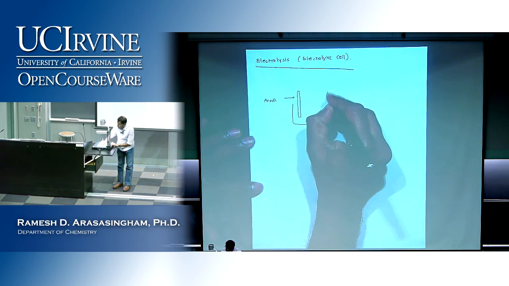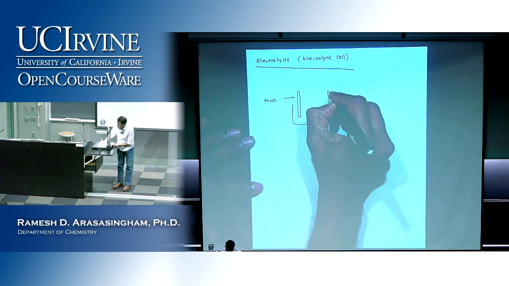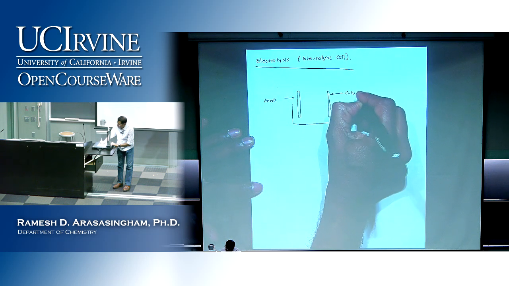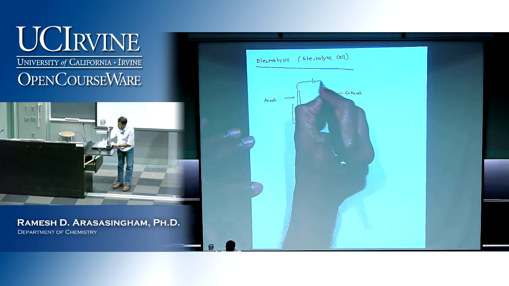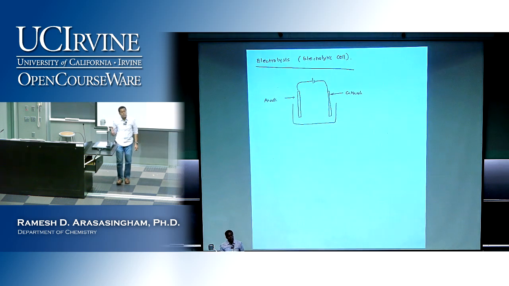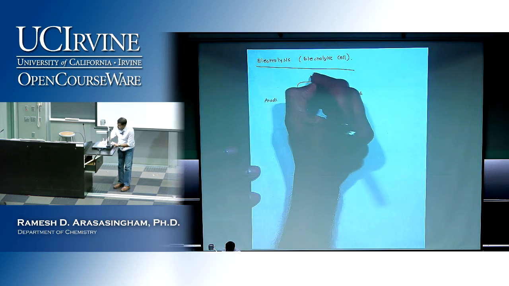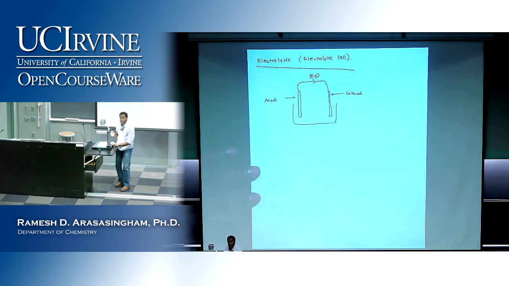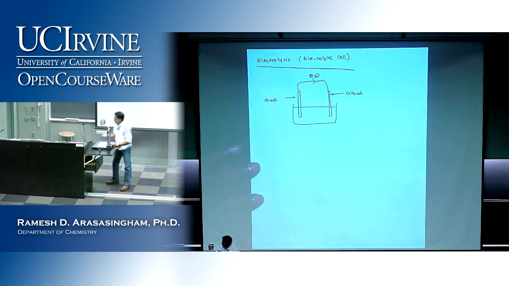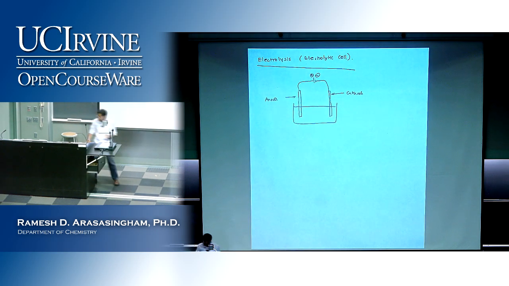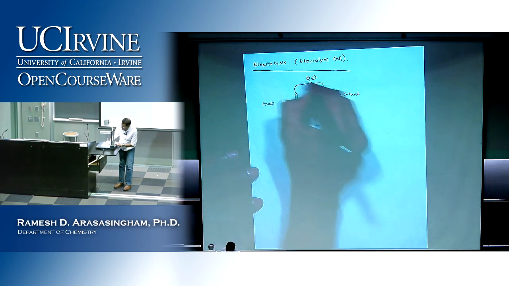And over here, we'll have the cathode. All right, and we're going to connect it to a power source, where this would be the positive and that would be the negative, and we're going to force the electrons to flow in this direction.